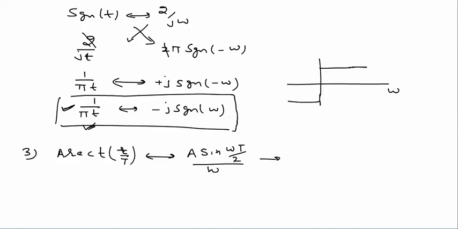We can rewrite this expression in terms of the sinc function, sinc omega T by 2. For A rect t upon T, the Fourier transform is 2A sine omega T by 2 upon omega, which is A T sinc omega T by 2.